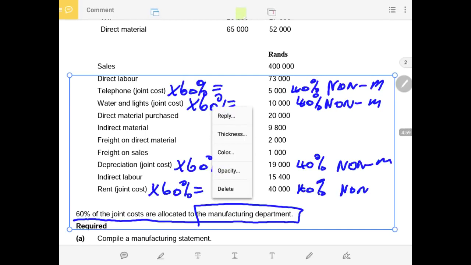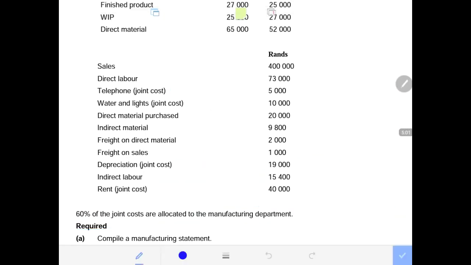When I say 40% of these costs are non-manufacturing, it means that in this additional information, they could have said 40% of the joint costs are allocated to the non-manufacturing department. They could have given it like that.